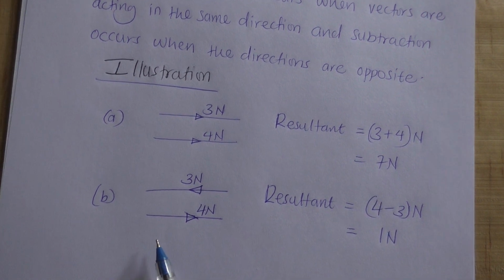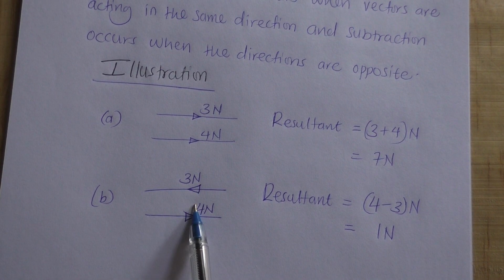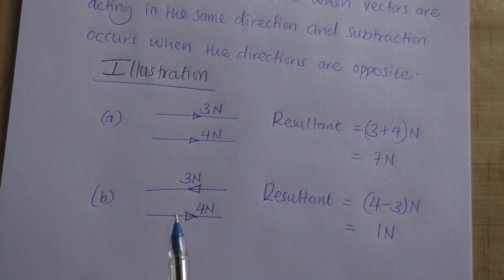And in part B, we have the two forces acting in opposite directions, and therefore the resultant is obtained by subtracting the smaller from the bigger.